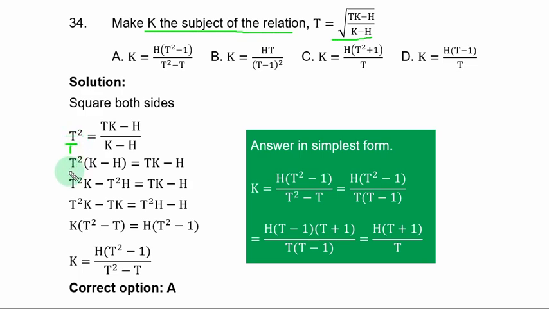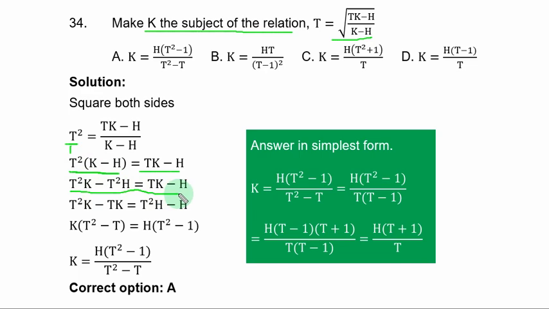So you have K multiplying, T squared multiplying K minus H in bracket equal to Tk minus H times 1 remains the same. So let's open the bracket in the left hand side, and you have this result equal to right hand side.